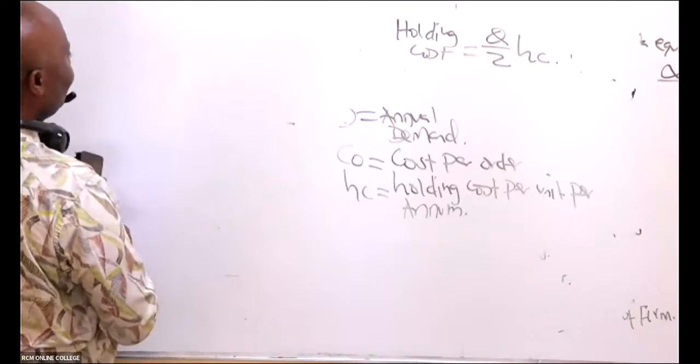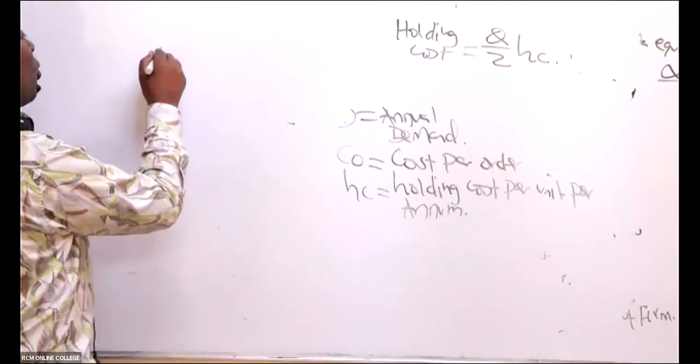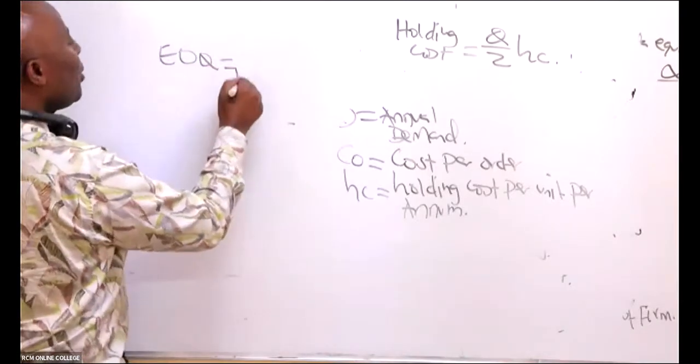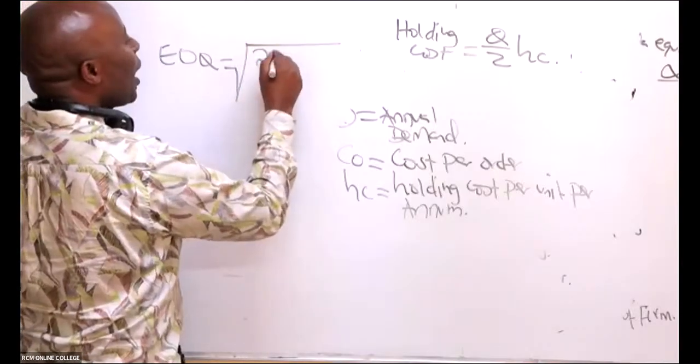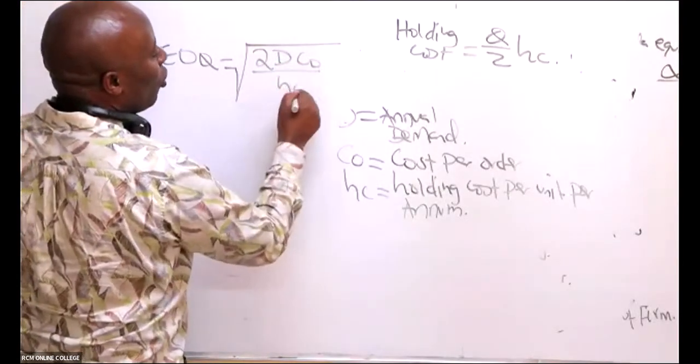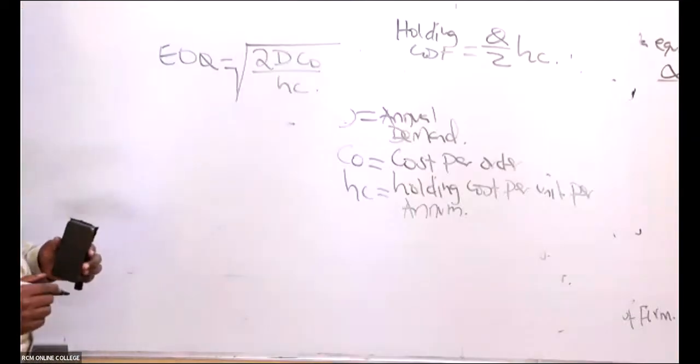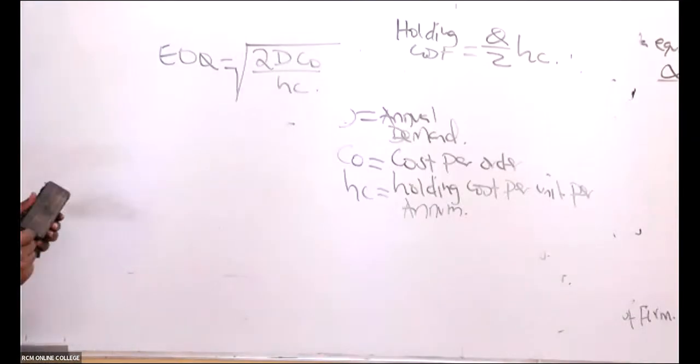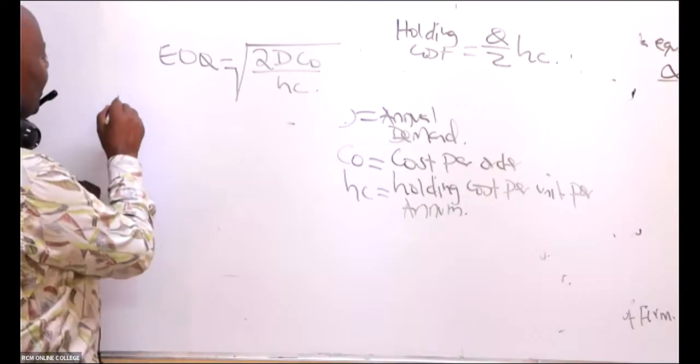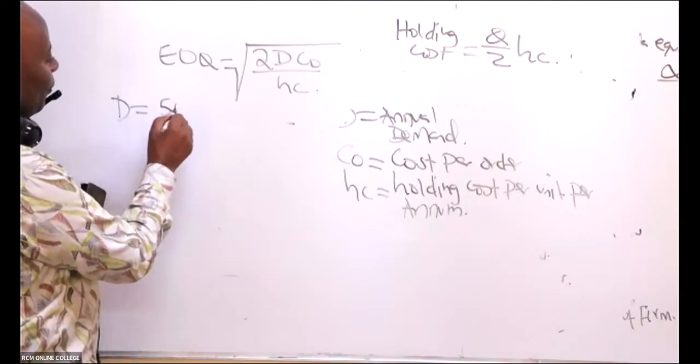We shall always remember that our EOQ equals square root of 2 deco over what here, somebody? Very, very important. And now remember, they'll come and tell you D is, for example, 50,000.